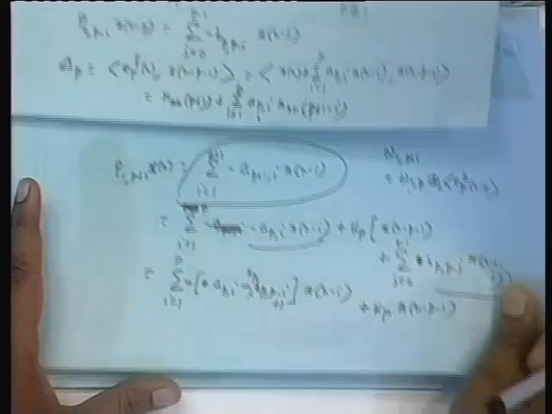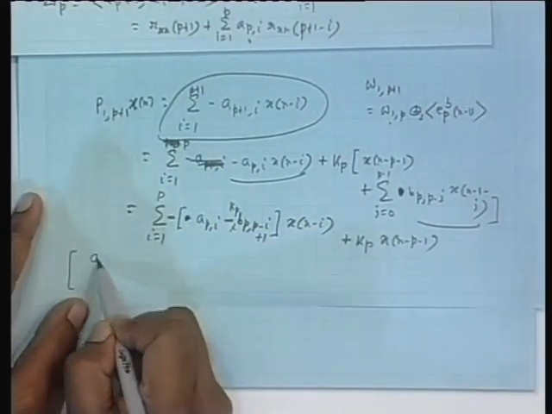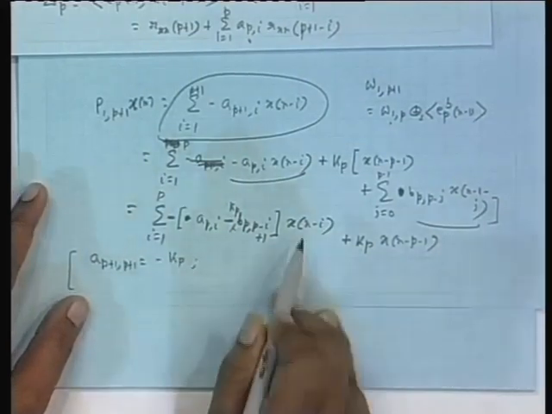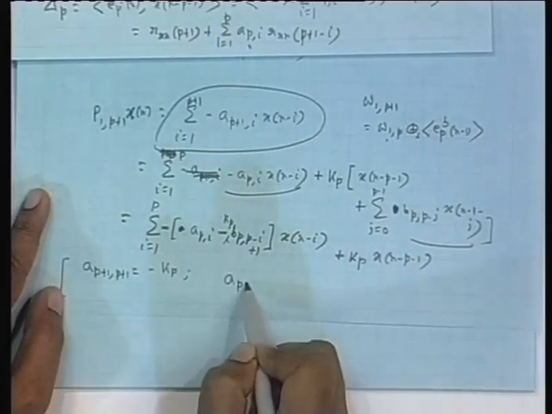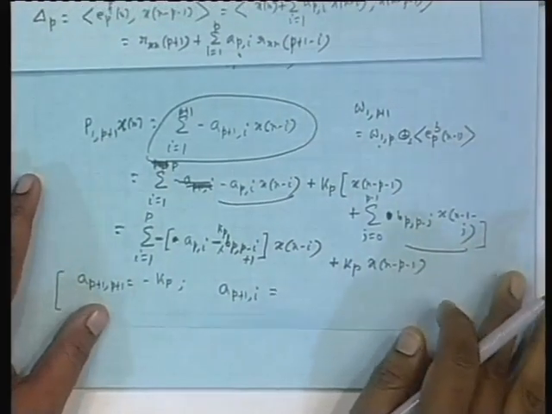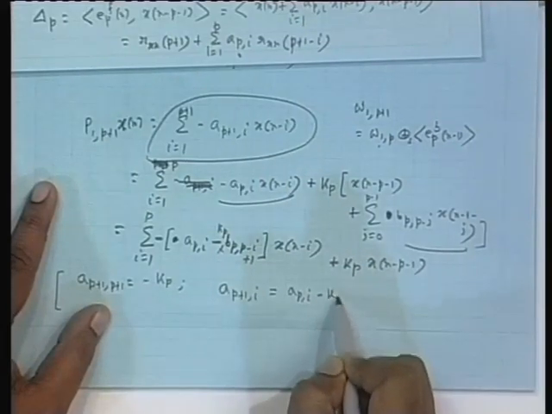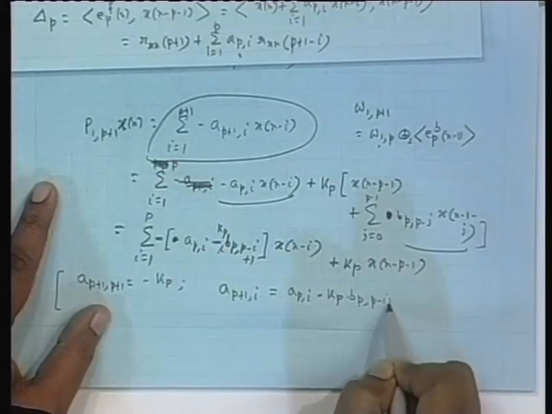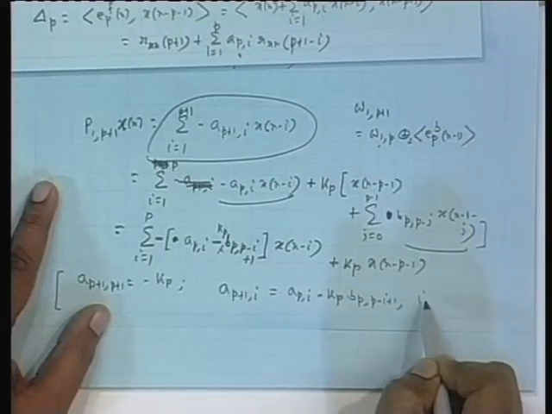So, obviously, you can write down the coefficients. That is a p plus 1 comma p plus 1 minus Kp, and a p plus 1 comma I is this for I starts at 1.